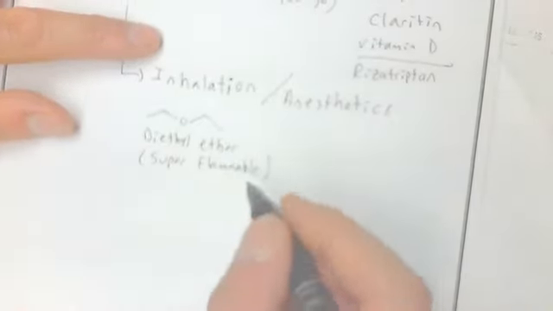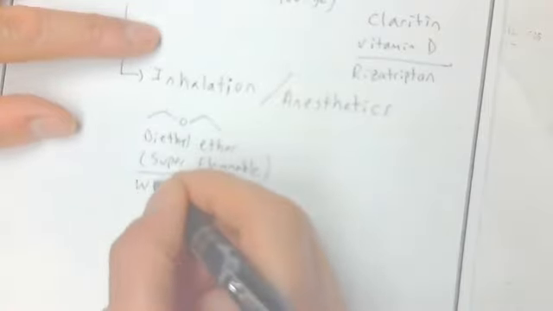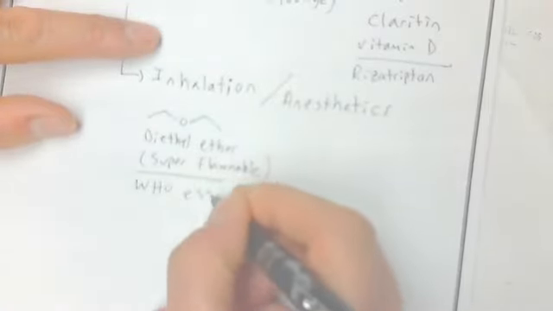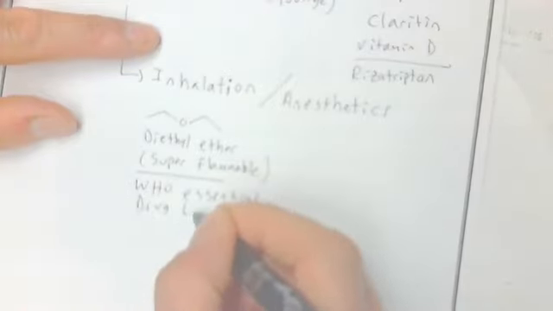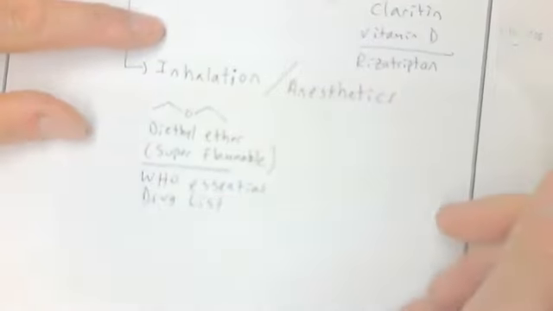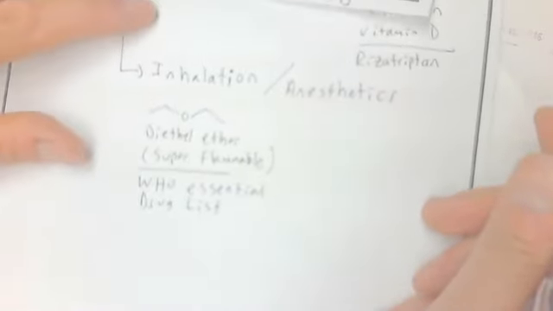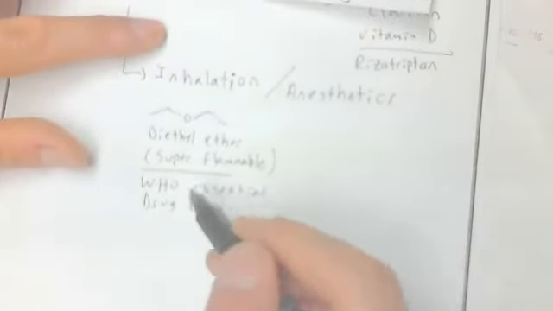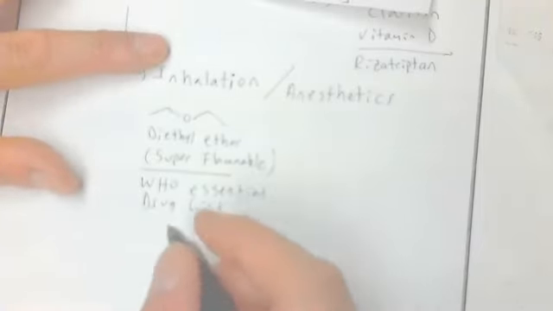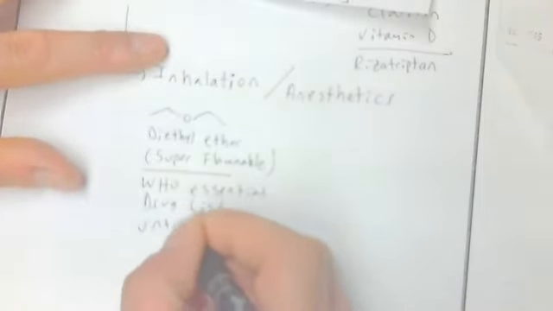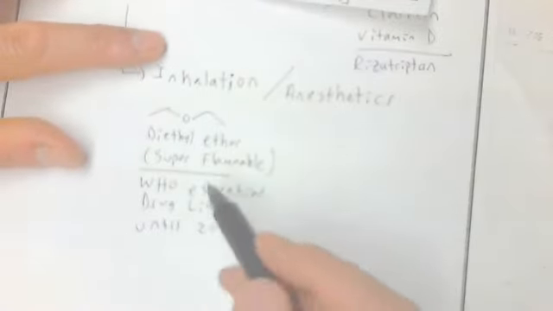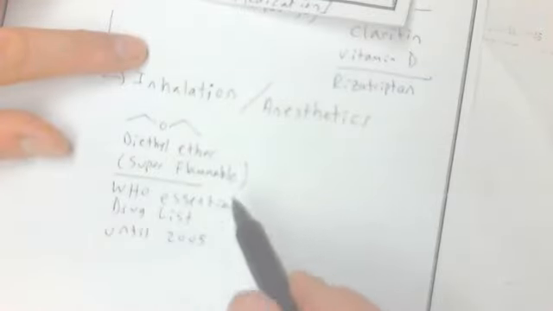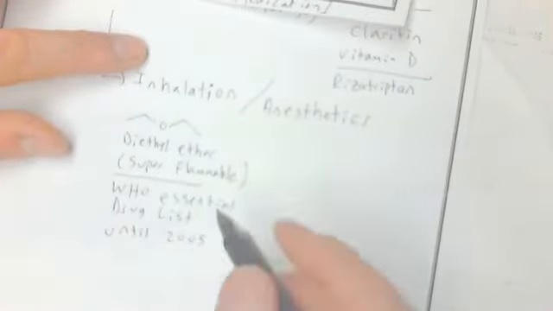It was actually on the World Health Organization essential drug list, which is kind of like tried and true drugs for almost every condition, until 2005. So it still has been used semi-recently, and it's very inexpensive too. There's probably countries that still use this because it's so cheap.